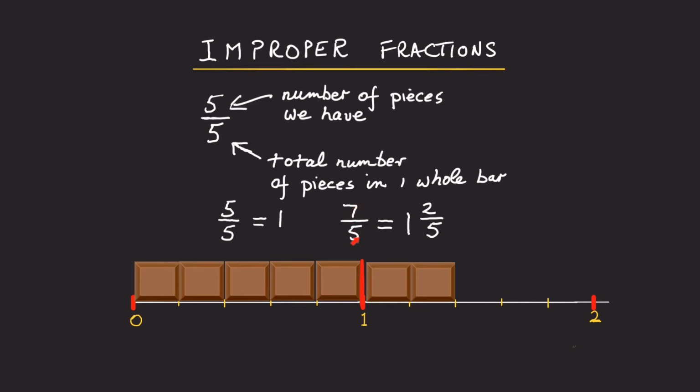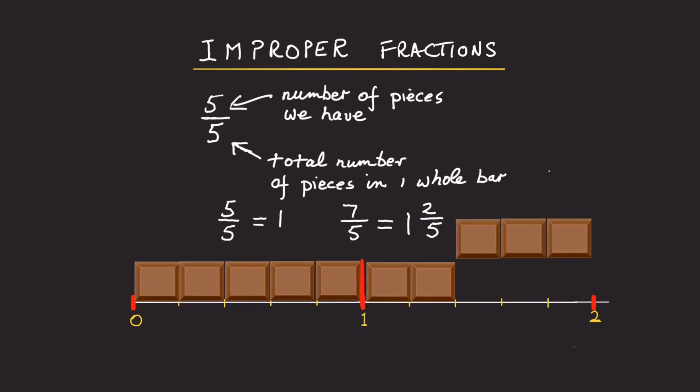Now 7/5 is what we call an improper fraction, sometimes called a top-heavy fraction or even called a vulgar fraction. The top number is bigger than the bottom number, but it can also be written as a mixed number. So when we write it as a mixed number, we're writing it as a whole number plus an extra fraction which goes beside it. So all improper fractions can be written as mixed numbers.